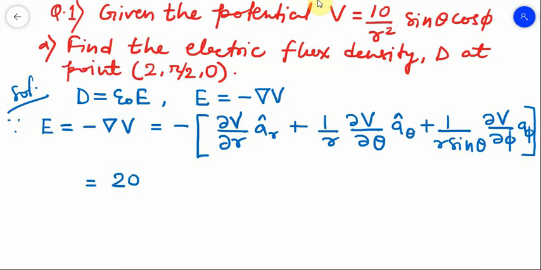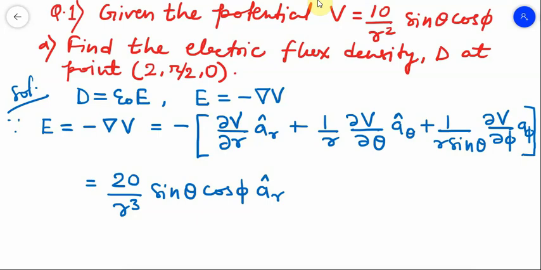The first term will be 20 upon r cube sine theta cos phi a r. I'm differentiating directly, so the minus sign becomes positive here.